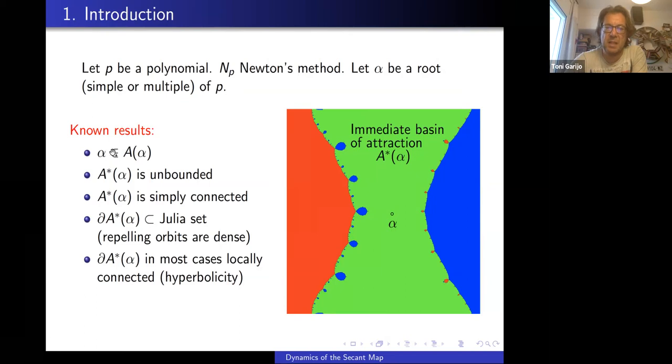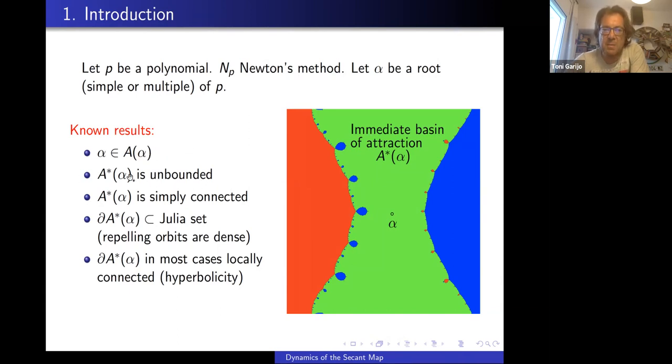The root belongs to the basin of attraction, and in fact it has a neighborhood of points converging to it. This means that if you are close enough to the root, whether it is a simple or a multiple root, you converge to the root. So as a numerical method, if you start sufficiently close to the root, you obtain an approximation of the root.